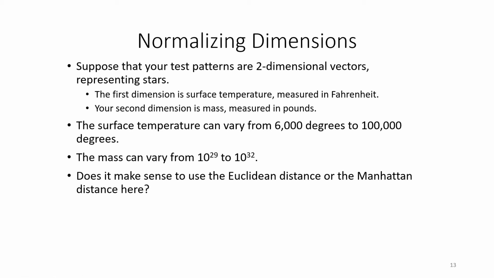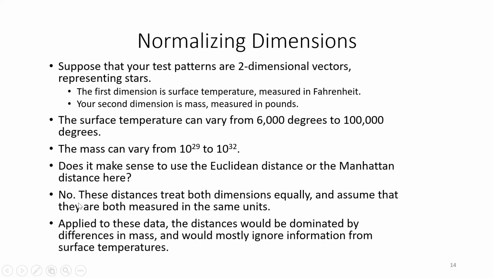So does it make sense to use the Euclidean distance or Manhattan distance here? No, these distances treat both dimensions equally and assume that they are both measured in the same units. Applied to these data, the distances would be dominated by differences in mass and would mostly ignore the information from surface temperatures.